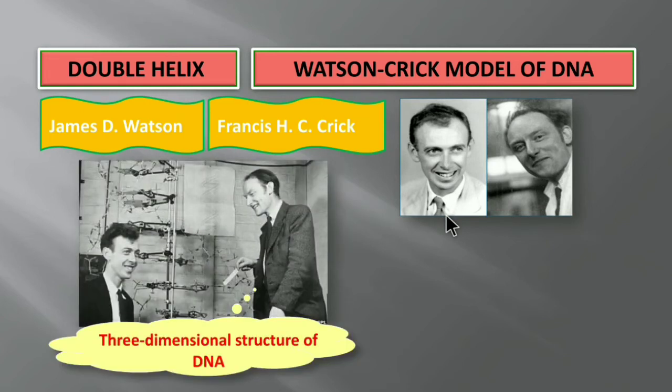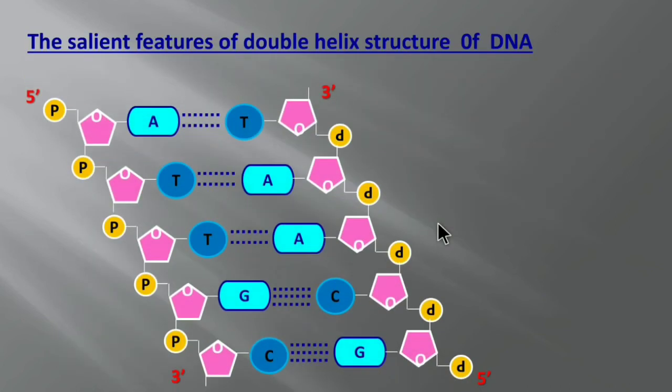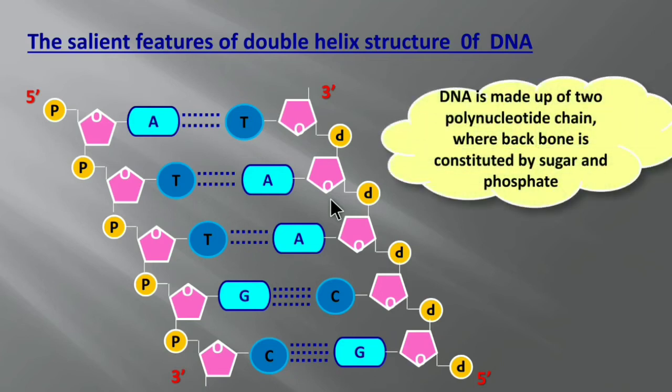Look here. When I talk about the double helix model of DNA, what are the salient features of the double helix structure of DNA? The first characteristic feature is that it is made up of two polynucleotide chains, where the backbone is constituted by repeated sugar and phosphate. Look here, this is one polynucleotide chain and this is another polynucleotide chain.